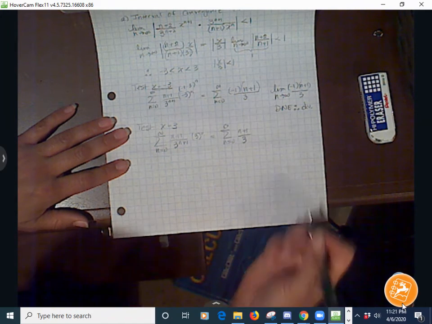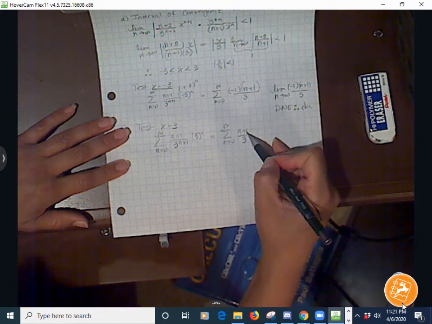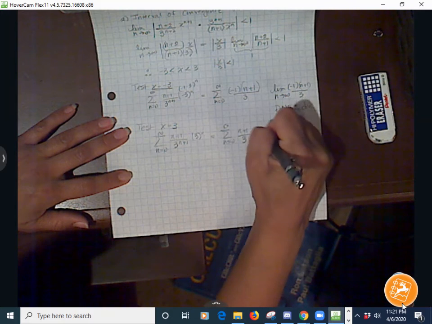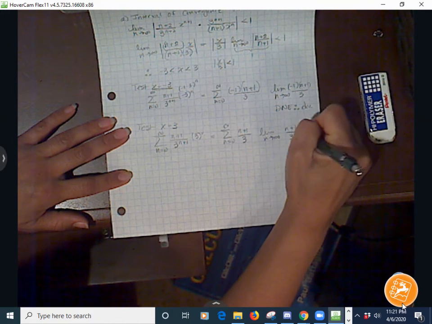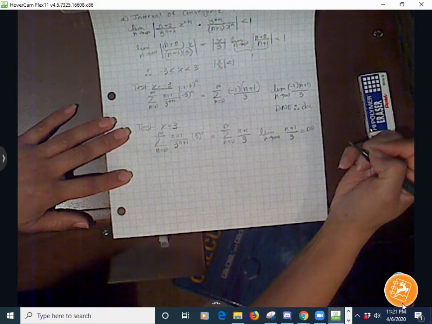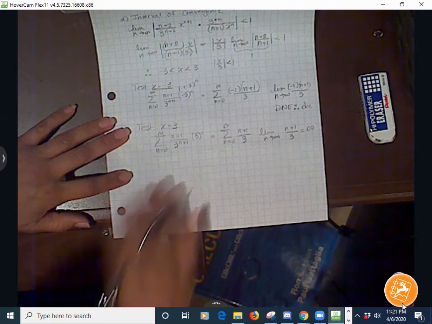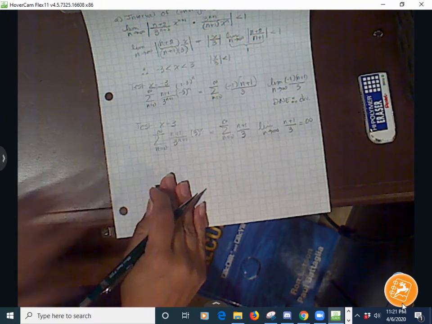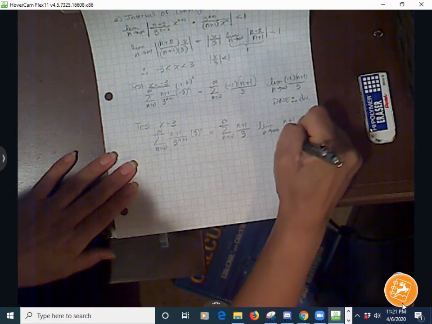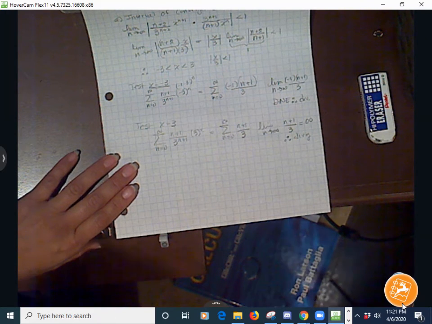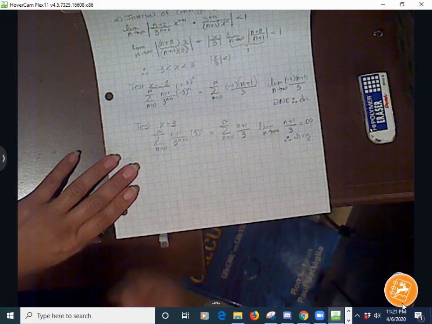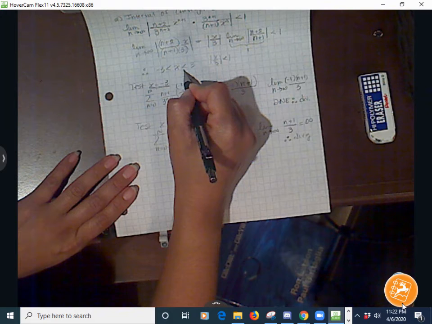And we can see that is going to go off to infinity as well. So the limit as n goes to infinity of n plus 1 all over 3 equals infinity, or you can just say that it does not exist because infinity does not exist. But either way, therefore diverges by the nth term test for divergence. And so I wouldn't put equal to there either.